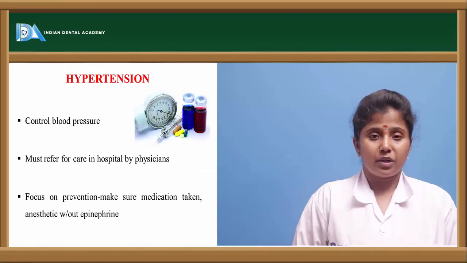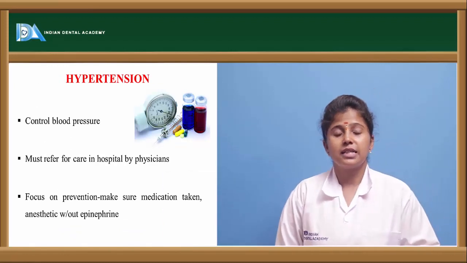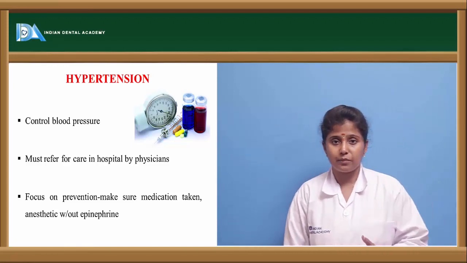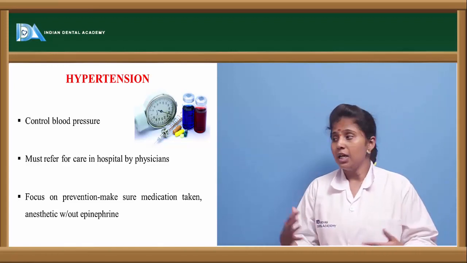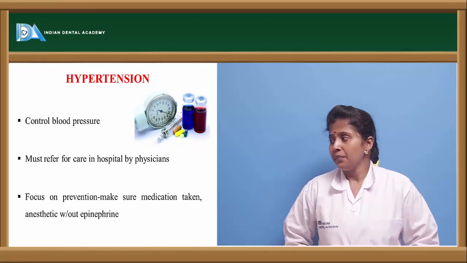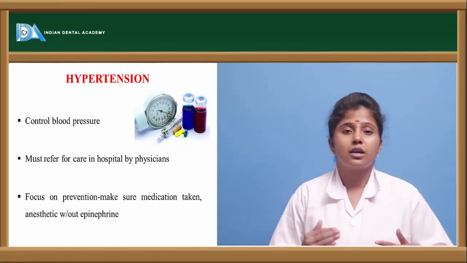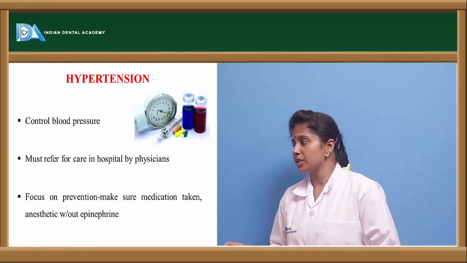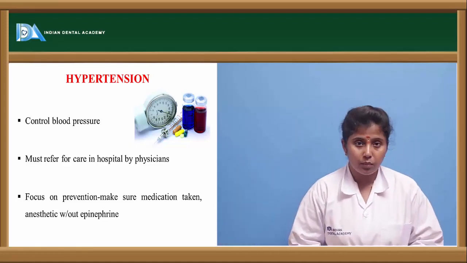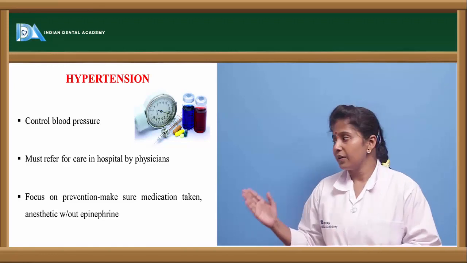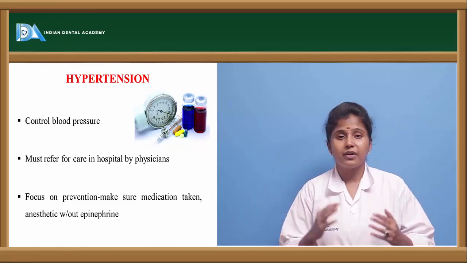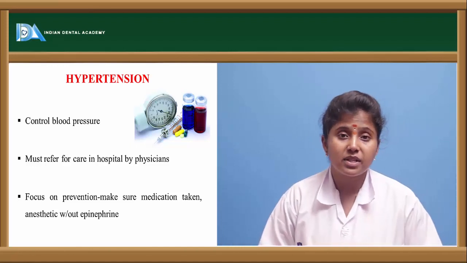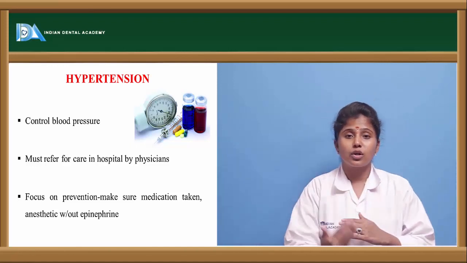Hypertension. How can this hypertension be treated? The first thing is that we need to monitor the blood pressure of that person. Immediately check what the blood pressure is. If it is very high, then we need to give the antihypertensive agents which are available. Focus on the prevention, and make sure the medication is taken properly. When we are giving anesthesia without epinephrine to that person, that leads to more cause of hypertension.